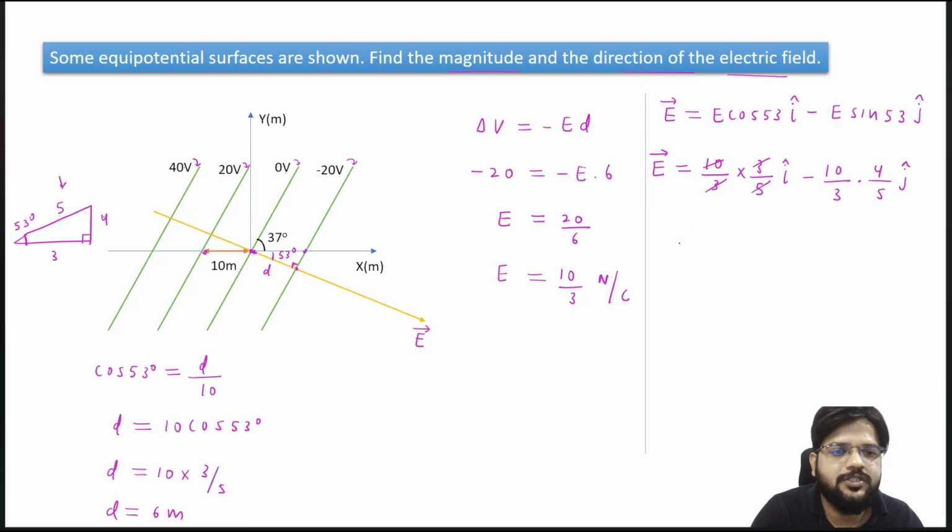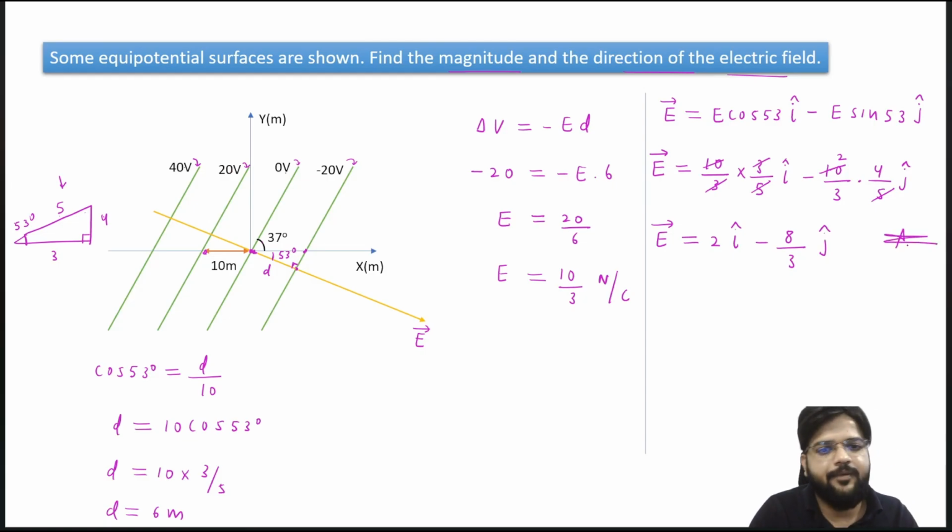This is 5, this is 10, so this is 2. So we are getting E equal to 2 i cap. And here this is 10, this is 5, so this is 2, everyone. So 8 by 3, minus 8 by 3 j cap. So finally we have the electric field in vector form, and the magnitude also we have, it is 10 by 3. So this is the final answer, everyone. Note down.